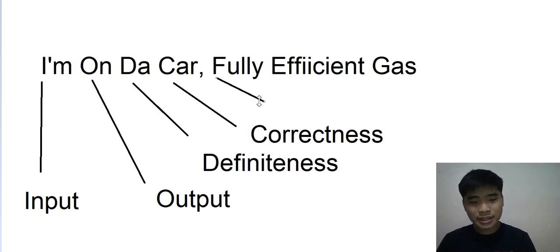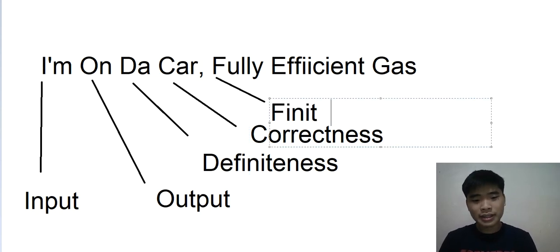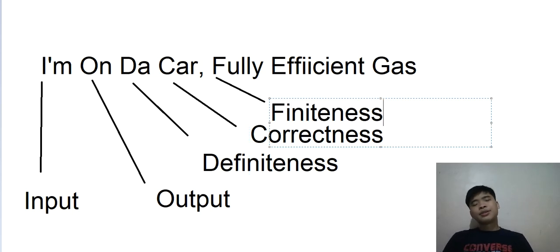The next property is finiteness. Every algorithm should be finite so we could follow through the steps it takes.